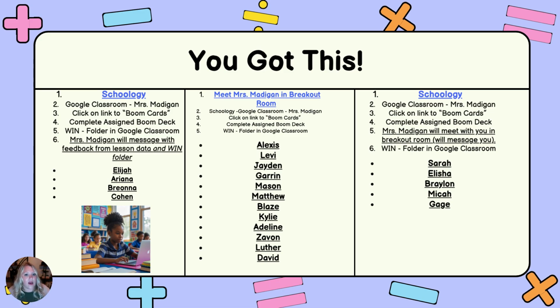And then I would have them do another little assessment where I could collect this data. So the first group would go to Schoology, then to Google Classroom, and then click on Boom Cards, which are interactive task cards, and it will not allow the student to move on until they've correctly answered the card.